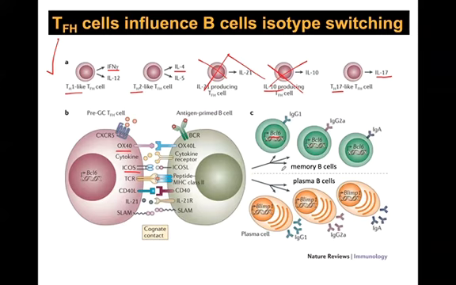That's a master transcription factor that controls those cells becoming a memory B cell, whereas plasma cells turn on a transcription factor called BLIMP1. It's essentially shutting everything else down and saying, just make antibodies. That's your main job here. So the follicular helper cells are influencing the B cells, first of all, on which type of isotype to make, but then these other signals are helping them determine, should it become a memory B cell or a plasma B cell?